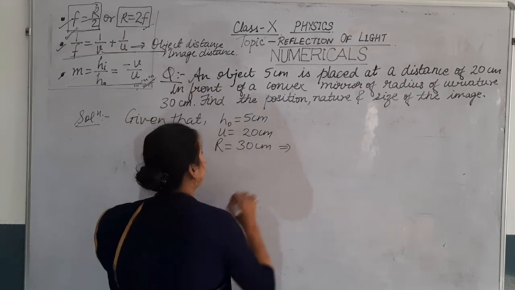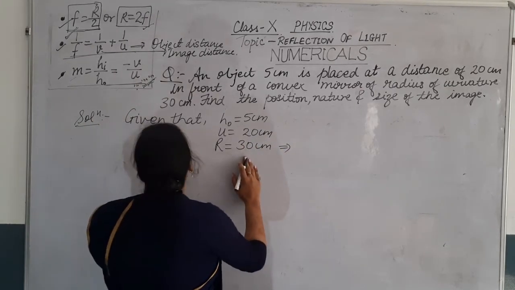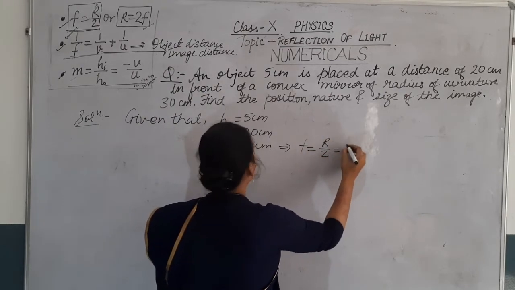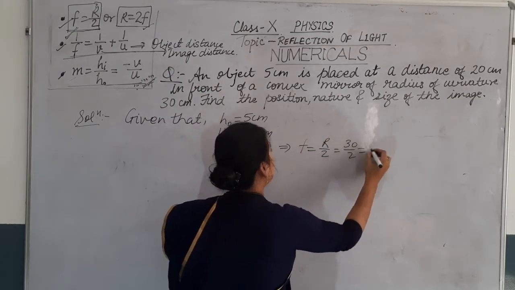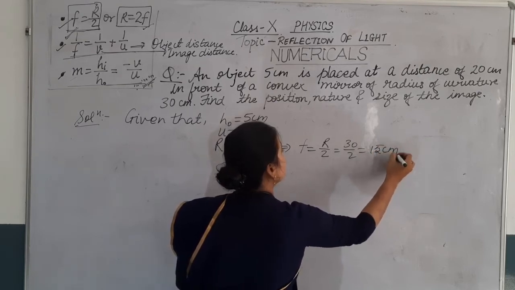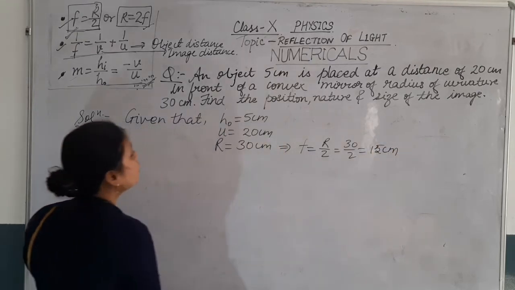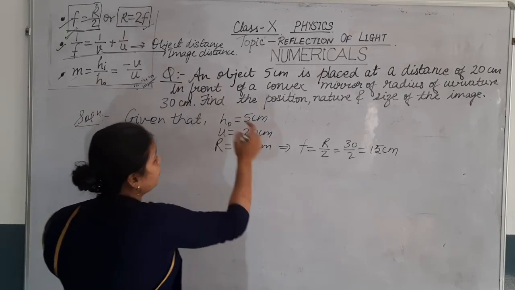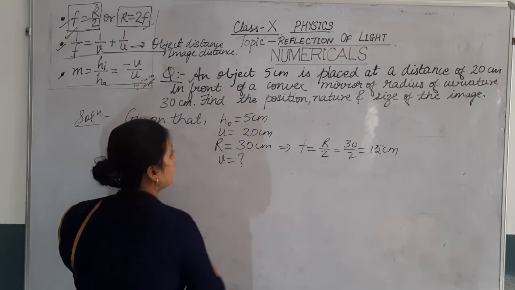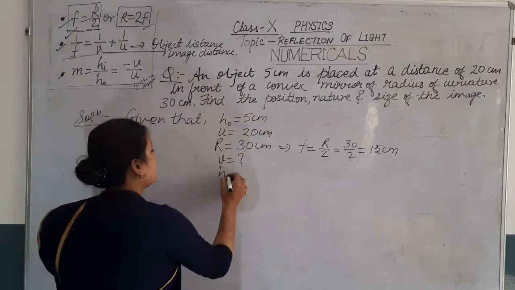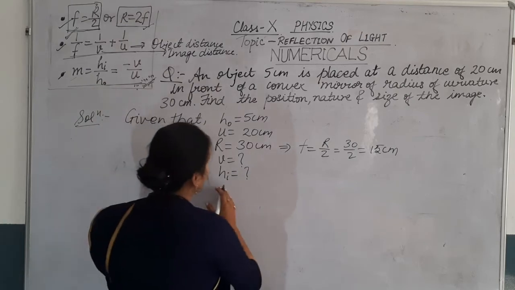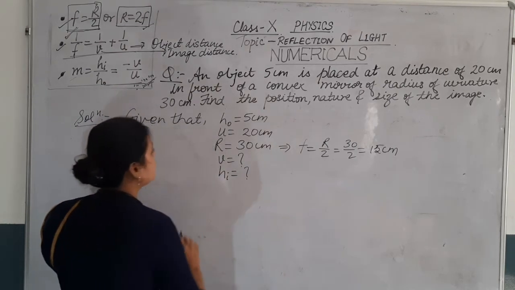Here only, just find out the value of F. F will be R by 2. So it will be 30 by 2 and F will become 15 centimeter. Now find the position, means V is equal to, we have to find out, HI is equal to, we have to find out, and nature we will find out with the values only.